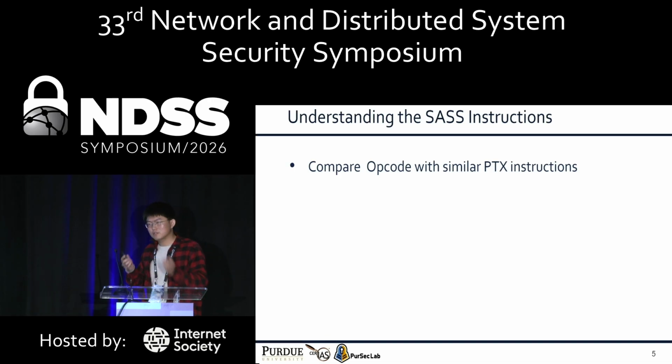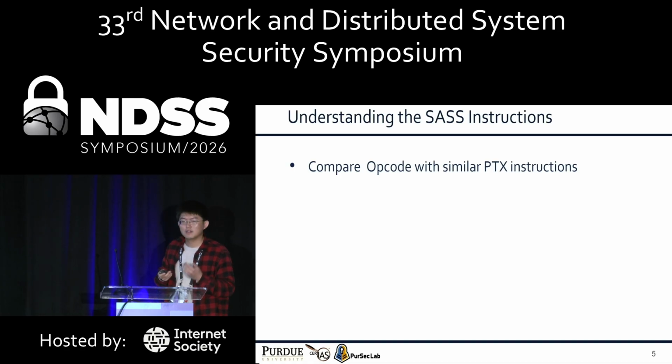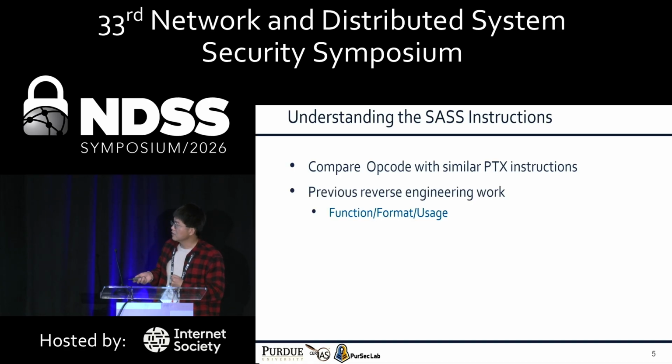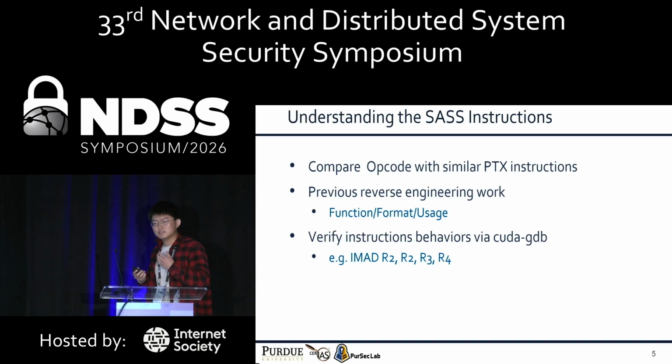So they are not one-to-one mapping, but by checking the opcode for PTX, we can still get a sense of the functionality, the usage, and it's not enough. But the good thing is that there are a lot of reverse engineering work, like papers and blogs. So they are not exactly what we want, but we can have better understanding of the format, usage, function, and then we can have assumption for each instruction.